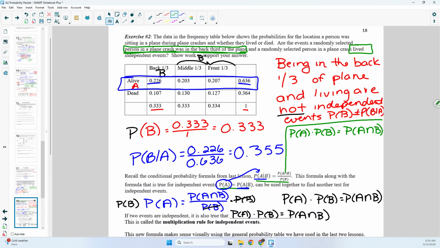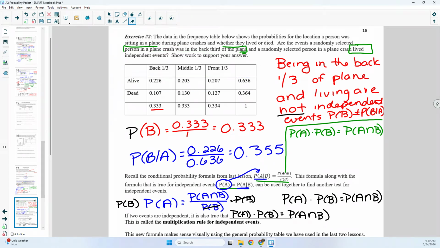So P of A here, and I'll erase this stuff that's already there. P of A, this B, we call this A. It doesn't matter if I use different letters like G and H, that would be fine. We're going to multiply the probability of the 2 things. So P of A is 0.636, technically over 1, but I don't have to write that. If it was a number there, I would have to write a different number. P of B is 0.333.